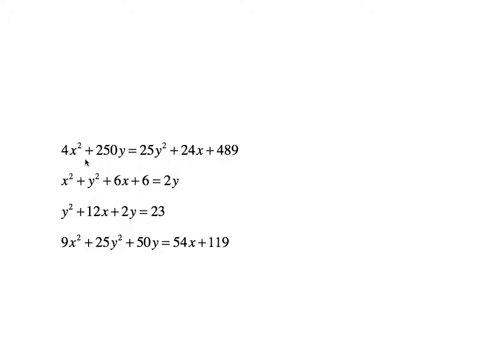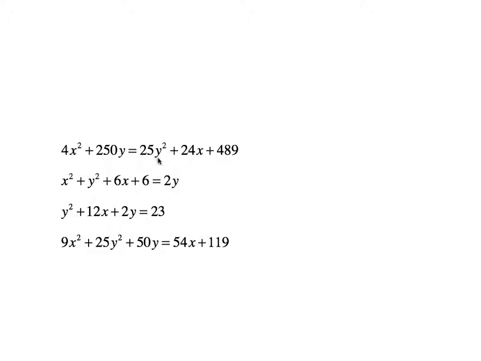So, for instance, this first one, I believe when I first found it, it was 4x squared minus 25y squared, but I want all the terms to be positive, and there's a reason for that we'll get to in a second. And now, given this form, with everything positive, if one of these equations has one of its quadratic terms on one side and one on the other, that equation will describe a hyperbola.